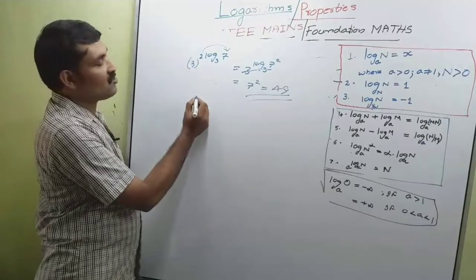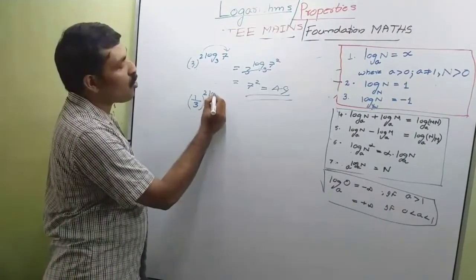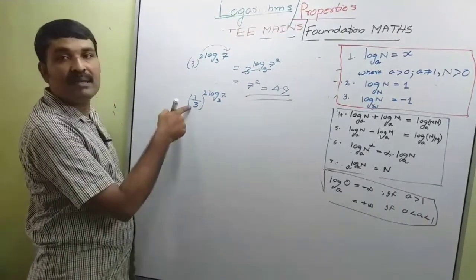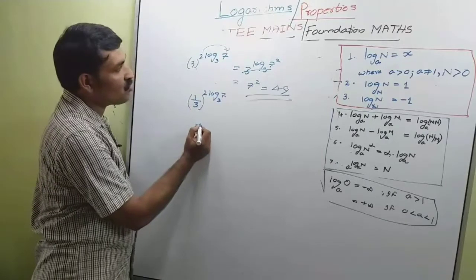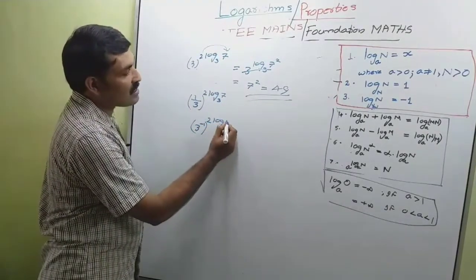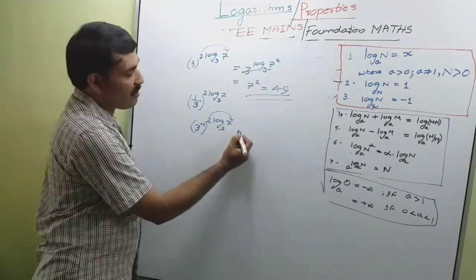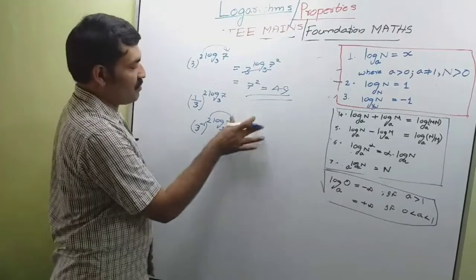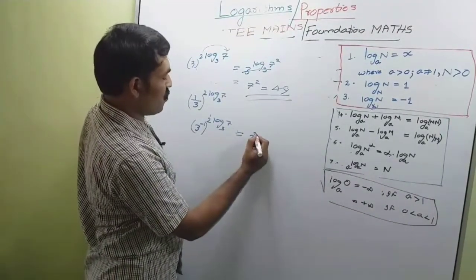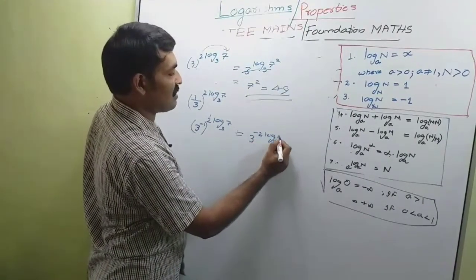Instead of 3, let us write 1 by 3 raised to 2 log 7 to the base 3. So 1 by 3 can be written as 3 raised to minus 1, whole raised to 2 log 7 to the base 3. This 2 goes to here. So we can write this as 3 raised to minus 2 log base 3 of 7.